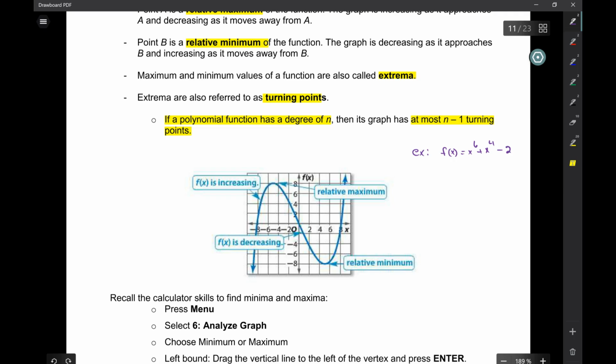What's the degree? 6. Degree is 6, so it has at most 5 turning points. Does it mean it has to have 5? No, but it could turn around 5 times. So for example, 1, 2, 3, 4, 5. Not any more than that.